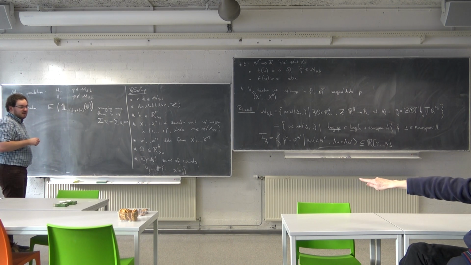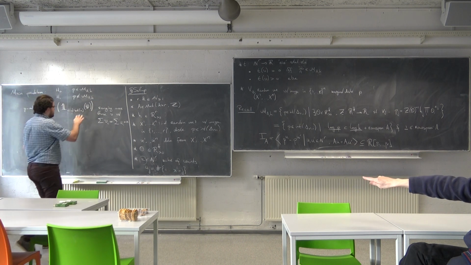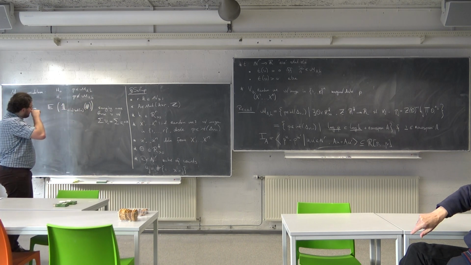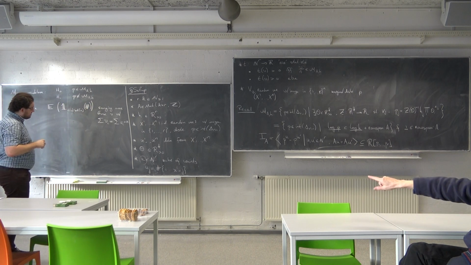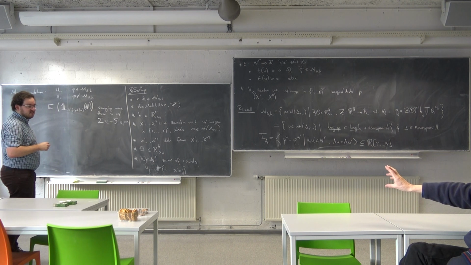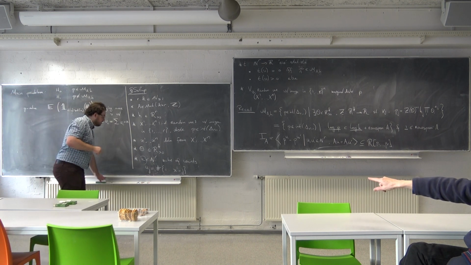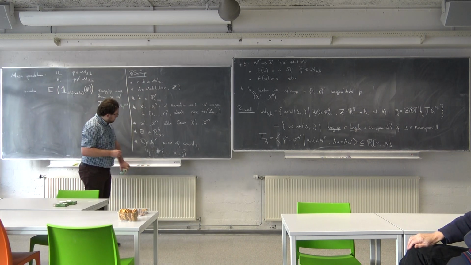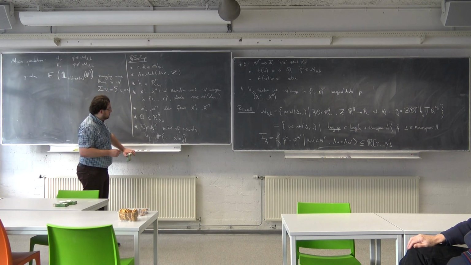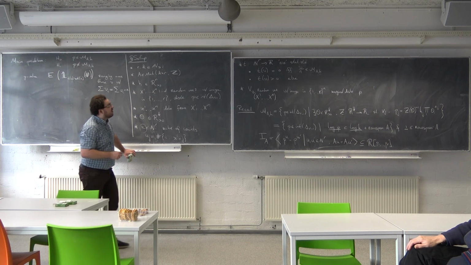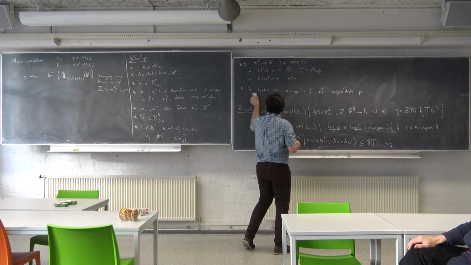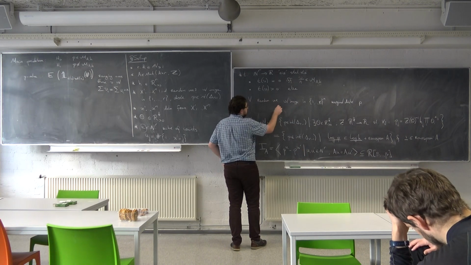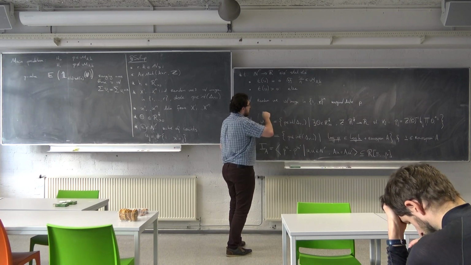So you could define capital Vj as the number of i such that capital Xi equals j. So it's the vector of random counts.